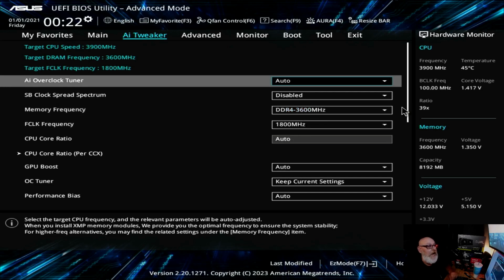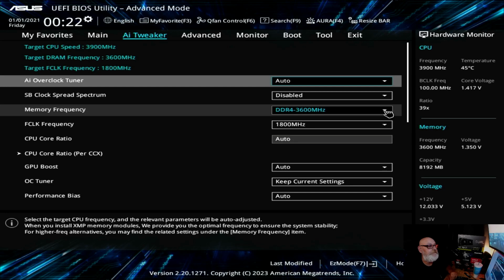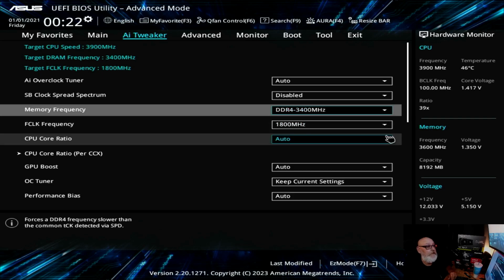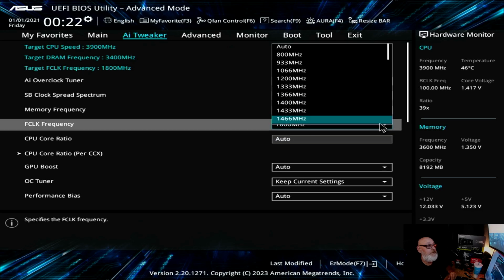So me, I would go on this RAM. I probably could go 3533, 3466, or just leave it at 3400. And then drop this down to 17.